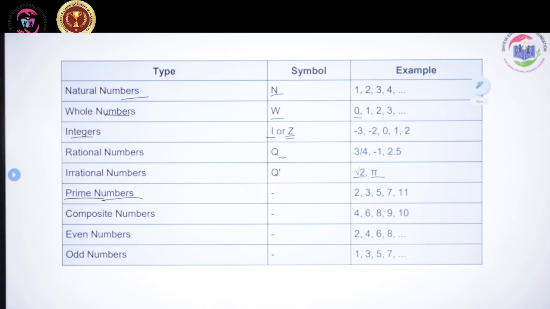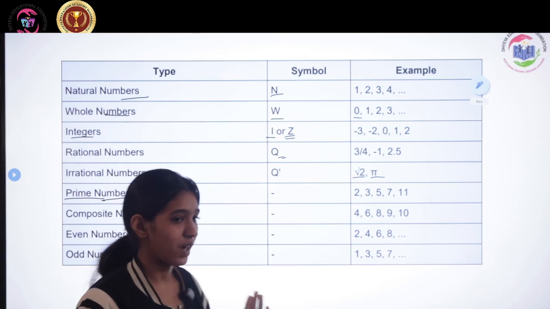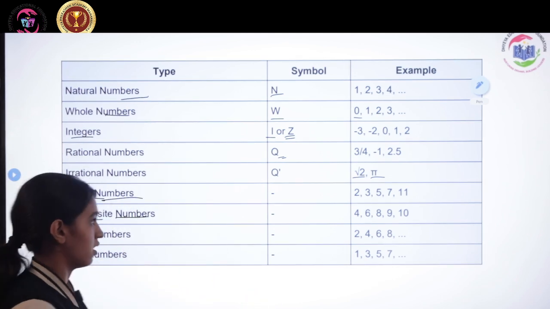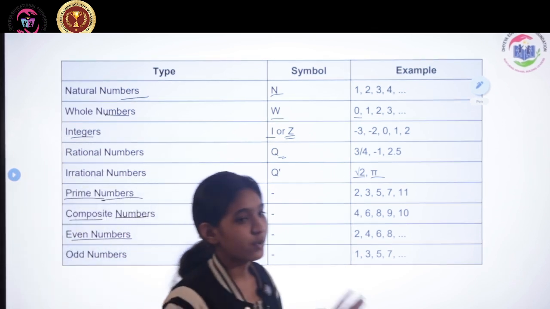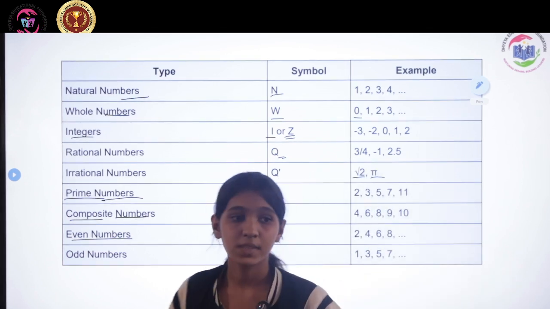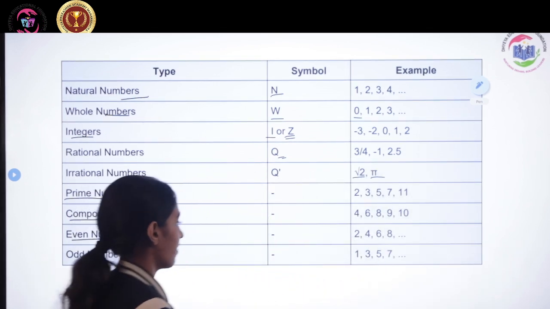Can you tell me what a prime number is? A prime number has only two factors, and a composite number has more than two factors. An even number is divisible by 2 and ends with 2, 4, 6, 8 and 0. Odd numbers are those that end with 1, 3, 5, 7 and 9.